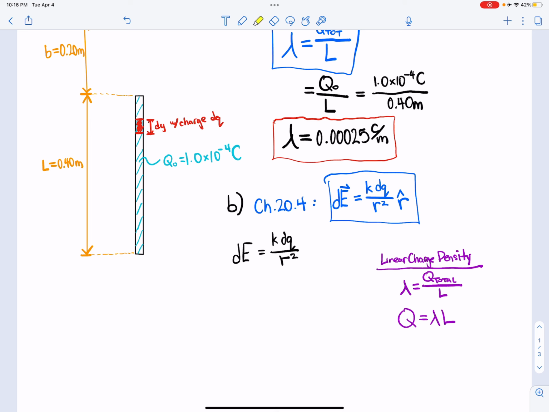But if we're only talking about this little piece right here, this little piece of the thin rod, because remember, we're going from this end of the rod, taking little chunks and keep adding those little chunks all the way until we reach this end of the rod. So we keep taking little chunks. And then eventually we get the total electric field from these little dEs of the pieces, right?